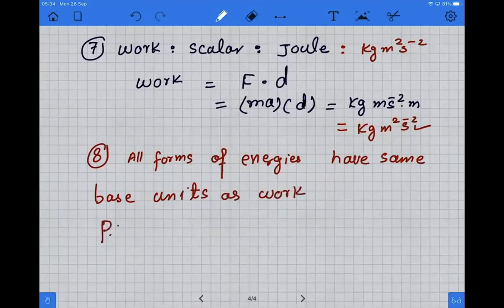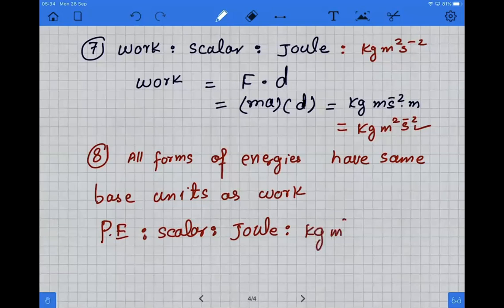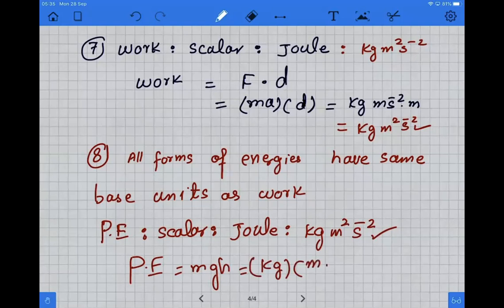For example, if they ask you potential energy, it is also a scalar. Its unit is joule. Its base unit is the same as work, kilogram meter square second minus 2. You can also prove the same result using PE is equal to mgh, as the unit of m is kilogram, the unit of g is meter per second square, and the unit of h is meter. So we can also calculate this same result using the formula for potential energy.